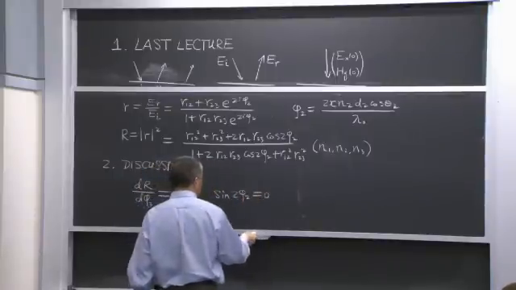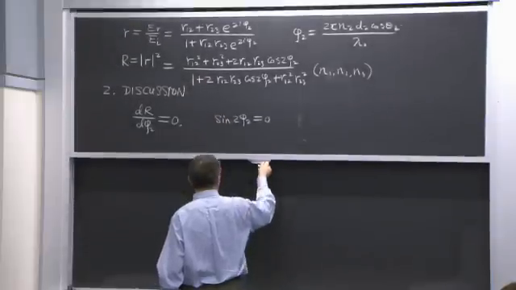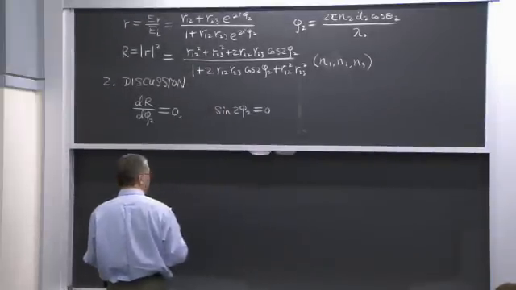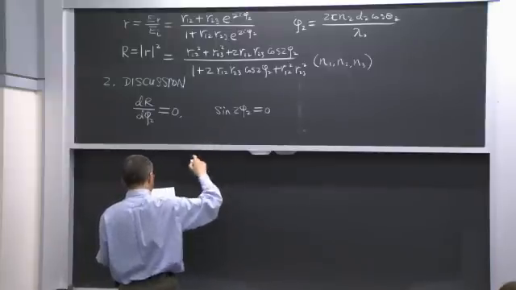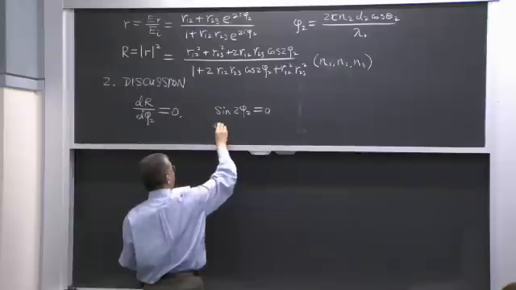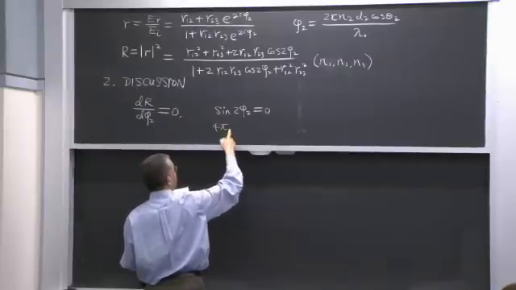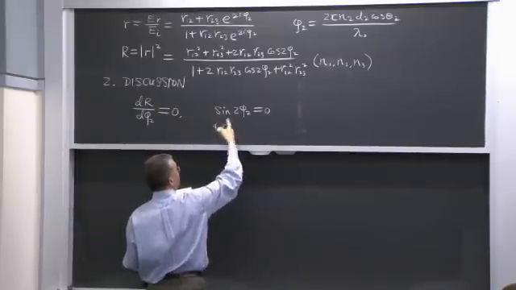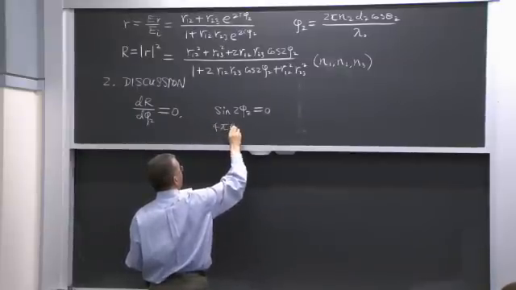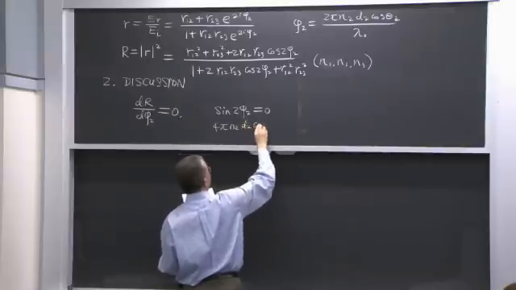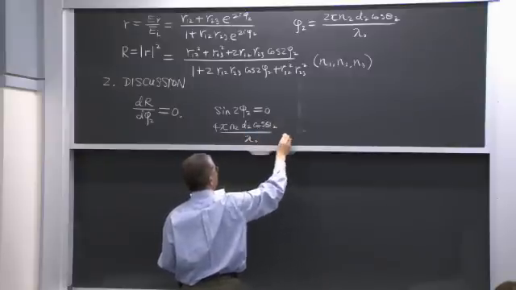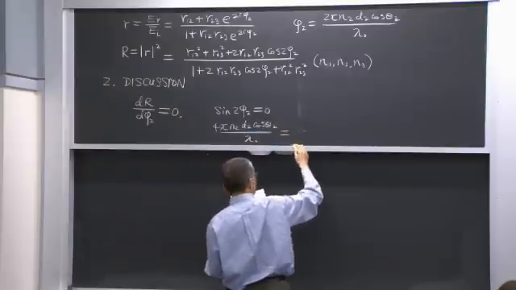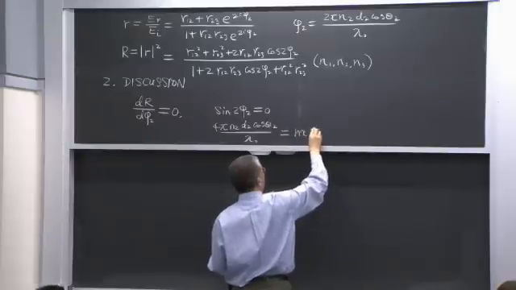And for this, we have different solutions, whether it's maximum or minimum. This happens if I substitute the phi 2 as 4 pi, because that's a factor of 2, n2 d2 cosine theta 2 over lambda 0, where lambda 0 is in vacuum, equals a multiple number of pi.